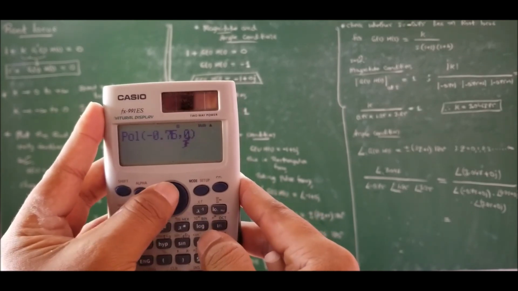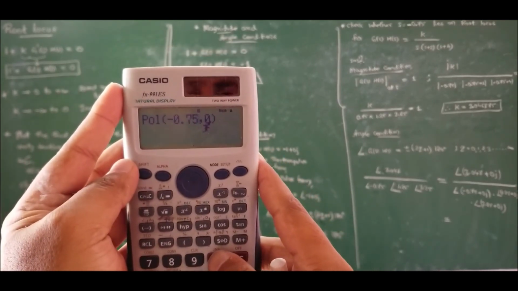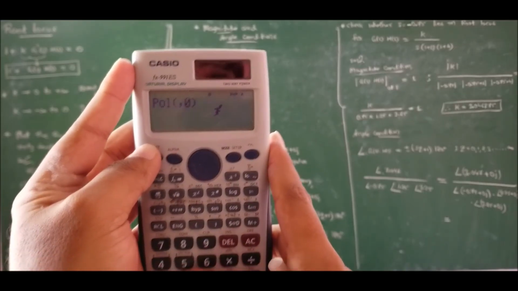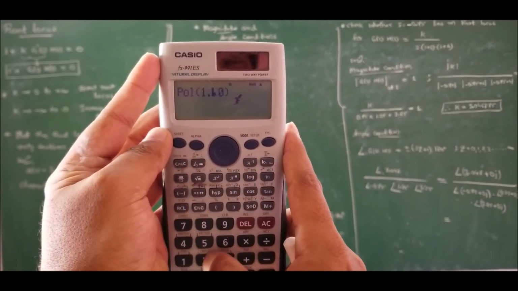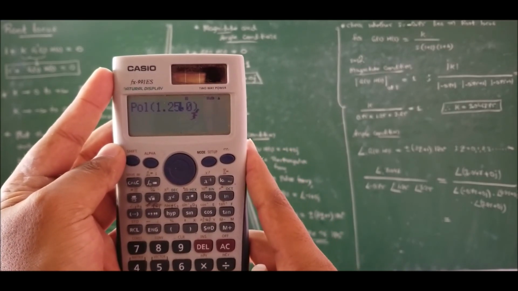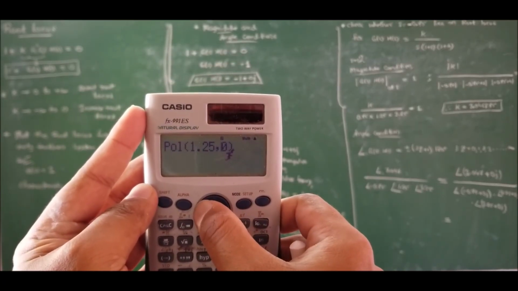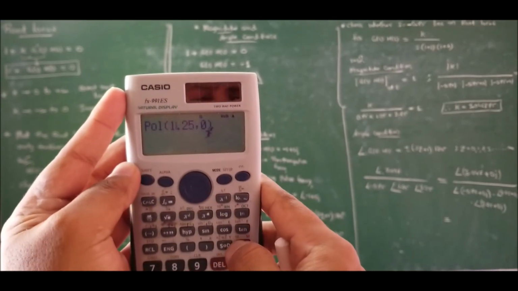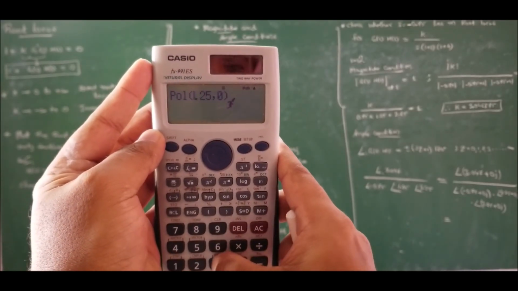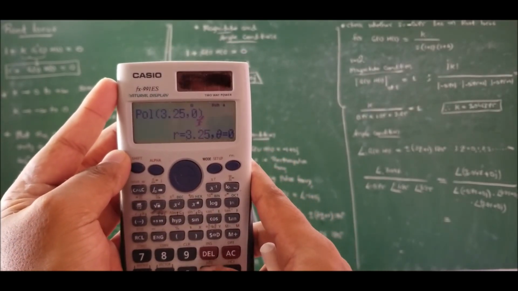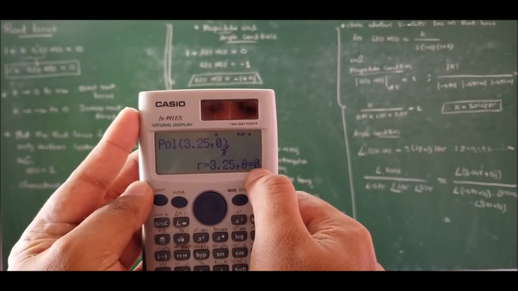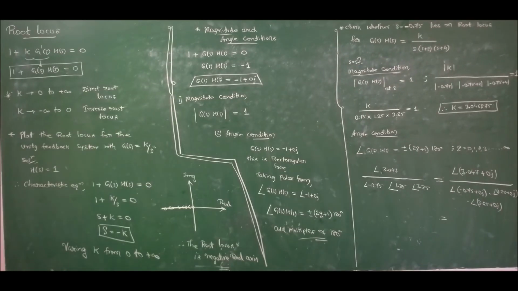Next is 1.25. How much angle? 0. Next, the last one is 3.25. How much is the angle? 0.